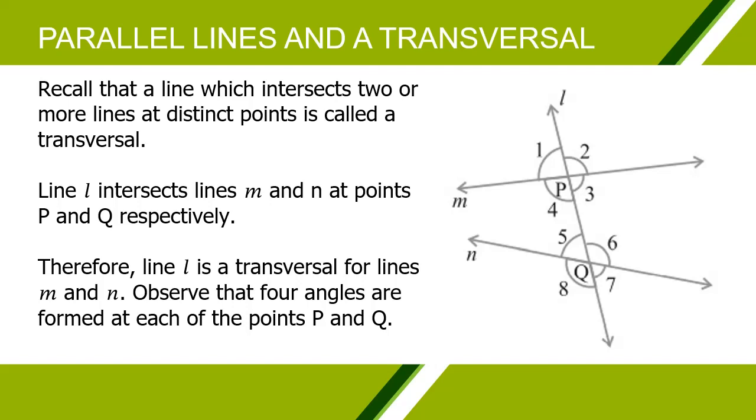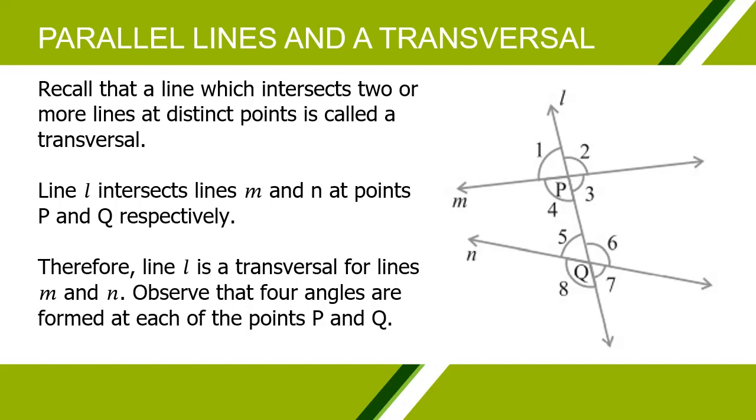Observe that four angles are formed at each of the points P and Q. At P, you can see angles 1, 2, 3, 4, and at Q, you can see angles 5, 6, 7, 8. Don't get confused that a transversal always comes with parallel lines.